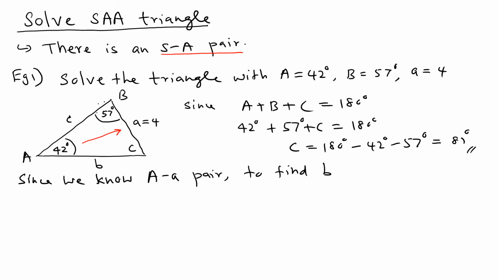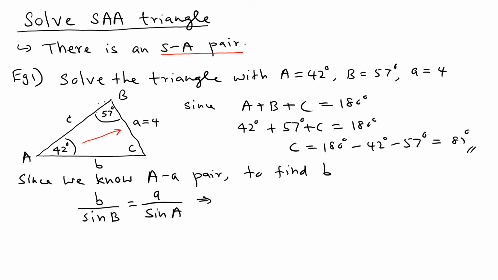Normally, because these are all fractions, we write the missing one as a numerator. That's easy to solve. So we can write b over sine B equals a over sine A, because that's the known one. We can write it like that, and then plug in.